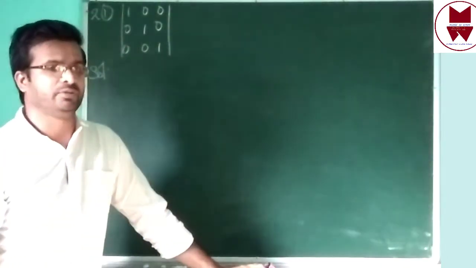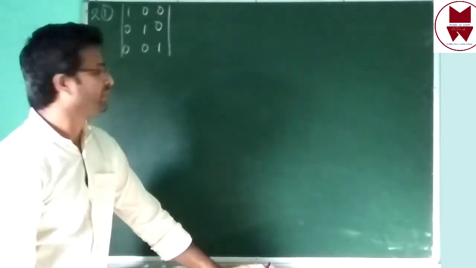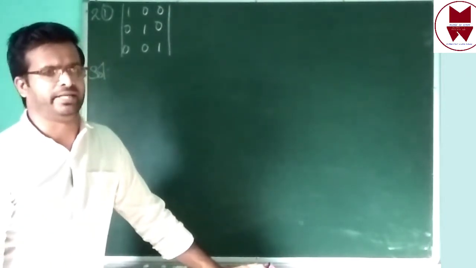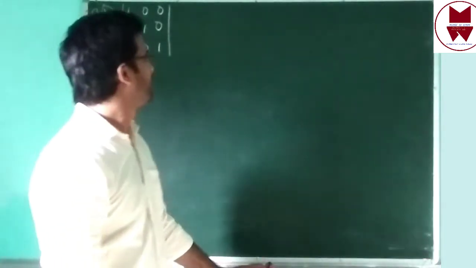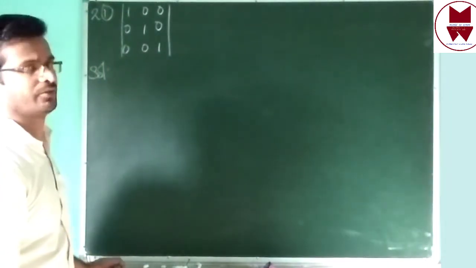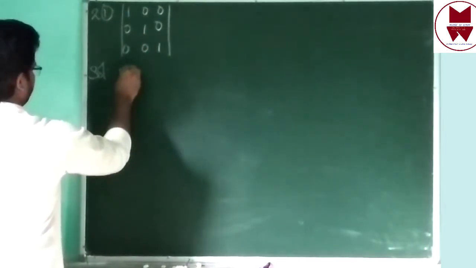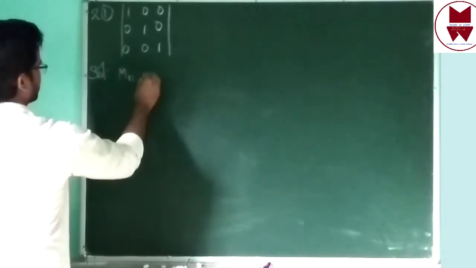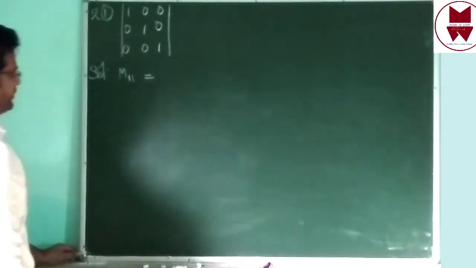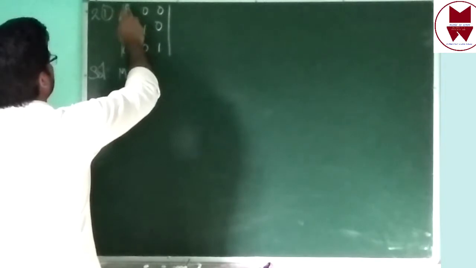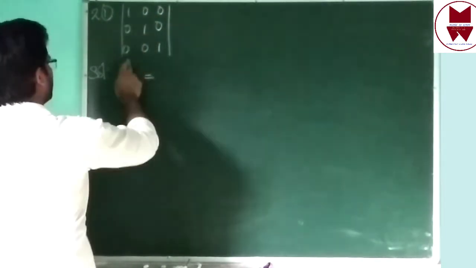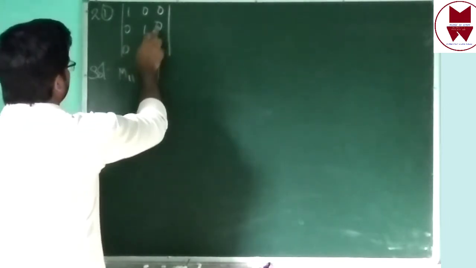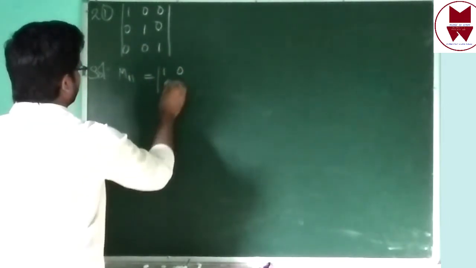Now we can see question number 2, Roman number 1. In here also write minors and cofactors. We have to write all minors and cofactors. Then you can start first M11 equal to, this minors, M11 equal to, then first row and first column leave it, then take determinant of remaining numbers, that is 1 0 0 1.